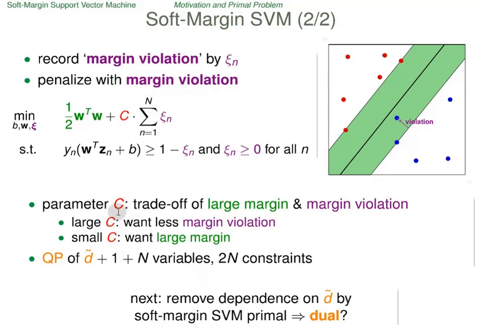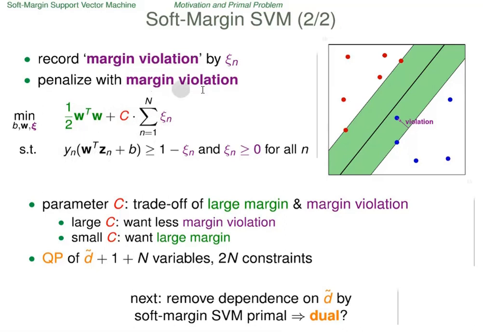We see that the C is a trade-off parameter between obtaining a large margin and margin violation. So for large C, we want less margin violation. For small C, we want a large margin. Because our objective function now consists of both: we want to minimize the first term, and also we want to minimize the second term, and C is user defined.